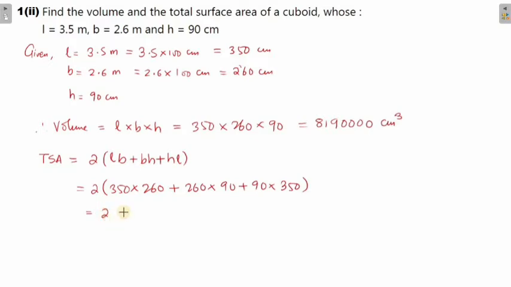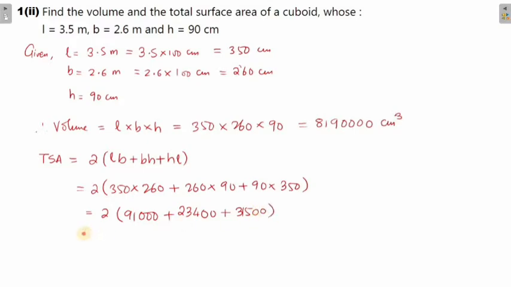So 2 into, 350 into 260 will be 91000. Similarly 260 into 90 will give you 23400, plus similarly you have 90 into 350 which gives you 31500.